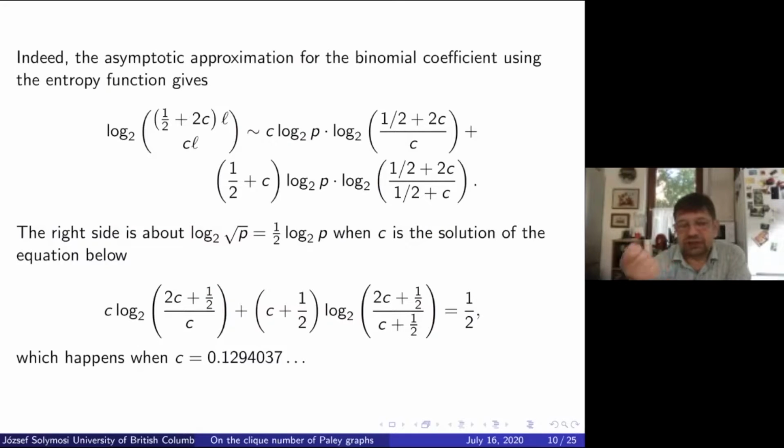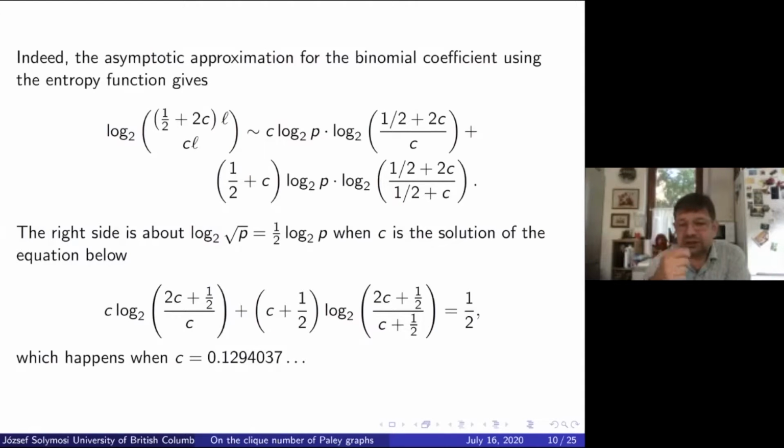So you just use an approximation for the binomial coefficient. In this range, you use the entropy function. That's a good approximation. And that this right-hand side, so this is still the same binomial coefficient we had before. You want that on the right-hand side you have, well, base 4 log p.